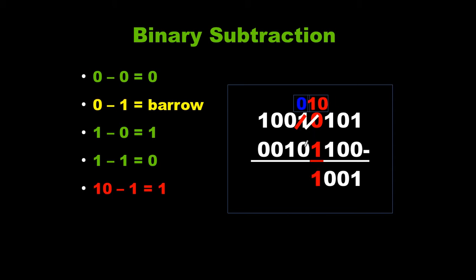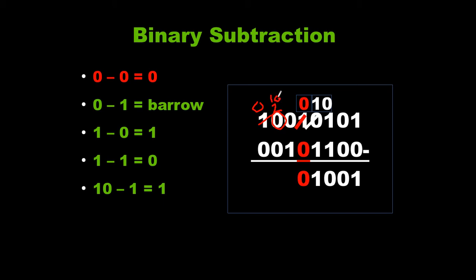So this is 0. What does this become? 2 or 10, consider it. Now I need to borrow from this to this. When I borrow from 10, this is 1, or from 2, it's 1. And this becomes again 2 or 10, whichever one you want to consider it.